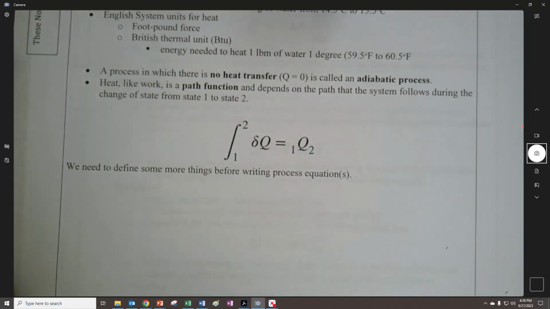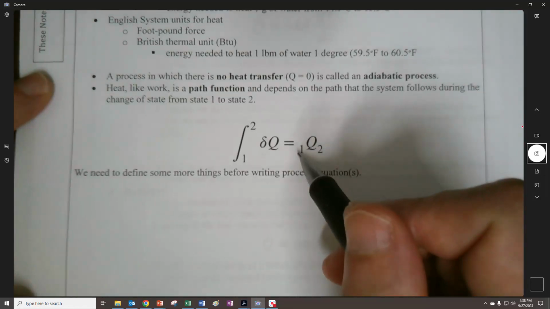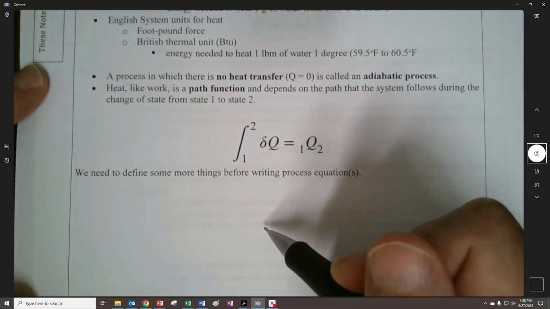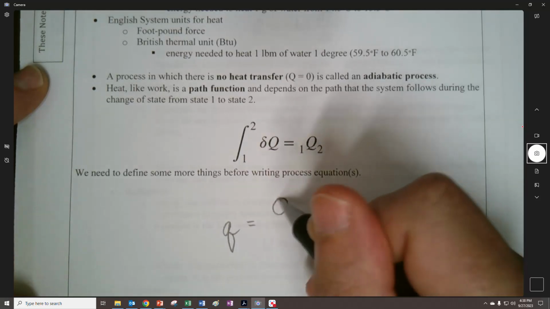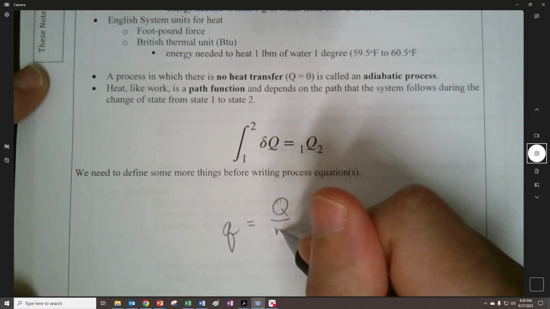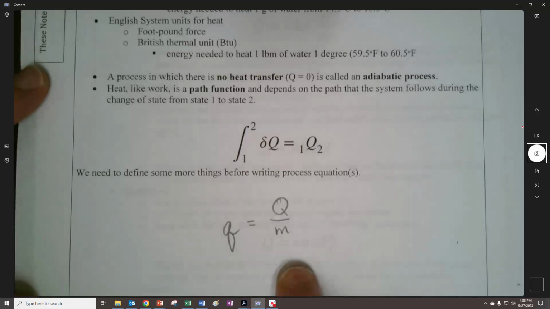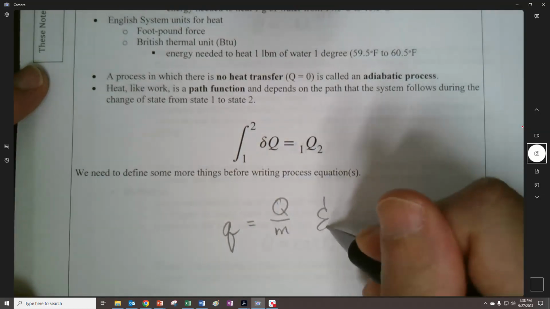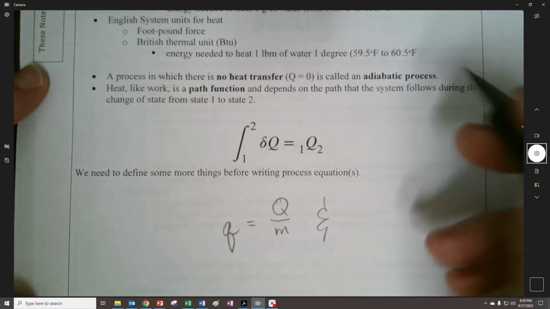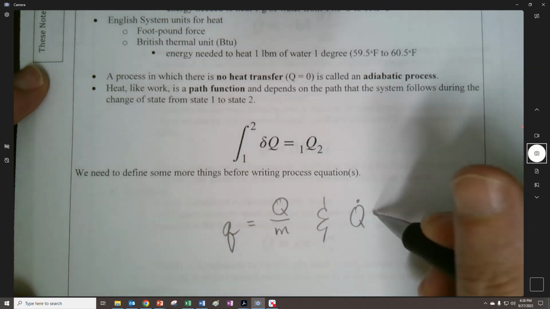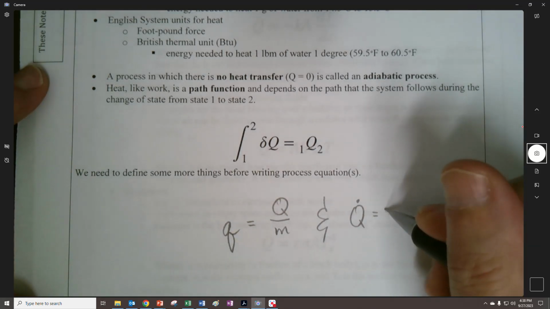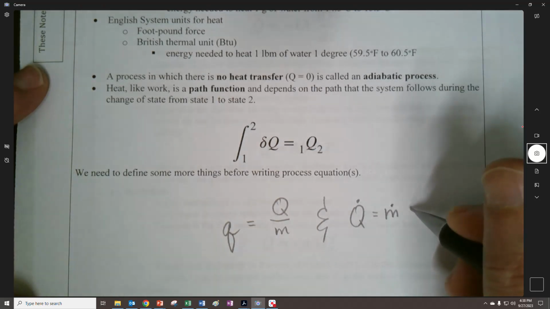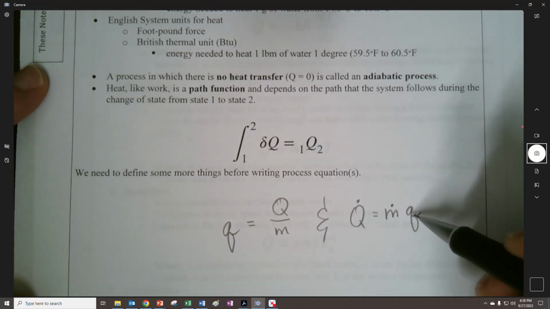Quite often, what we will do with this Q right here, we will use small q, and that'll be on a per mass basis, right? And that's really useful because a lot of times we are going to want the heat rate, which is going to be q dot. So one instance where this happens is we might take the flow of mass, the mass flow, times this small q.